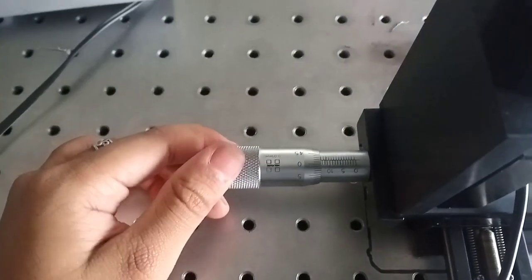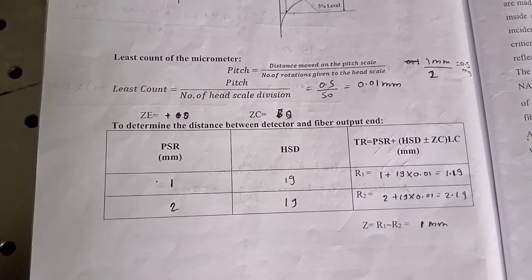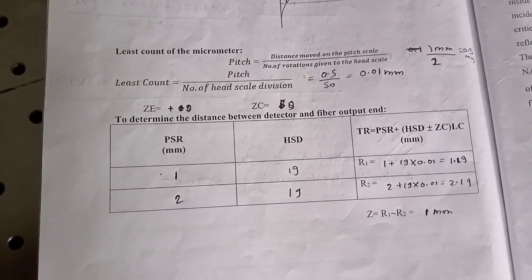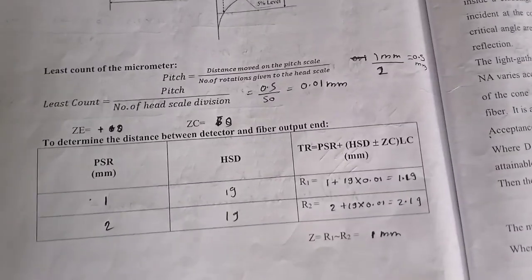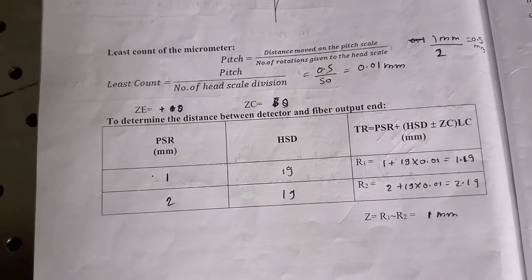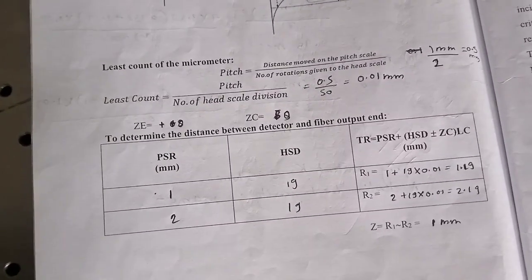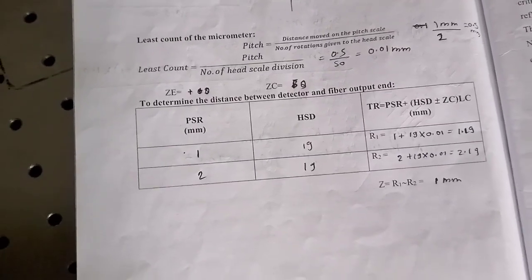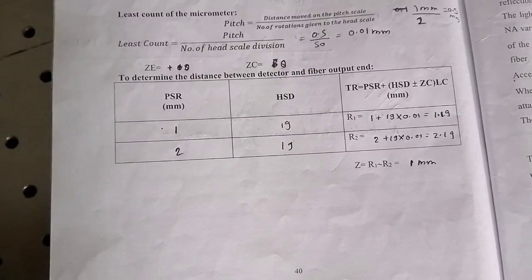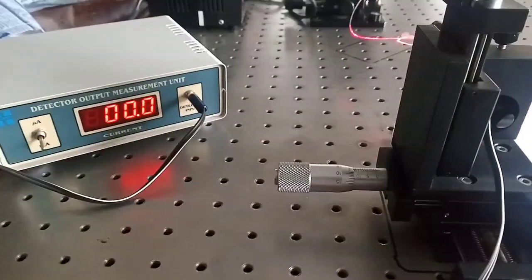To find the least count, when you move 1 mm on the pitch scale, you undergo 2 rotations. So the pitch is 0.5 mm, and then the least count, as you know, will be 0.5 by 50 because there are 50 divisions on the head scale, and that gives you 0.01 mm. It's the same as a screw gauge. Using that, you have to determine the distance between the detector and the fiber output. So okay, now for taking the readings, it should look like this.